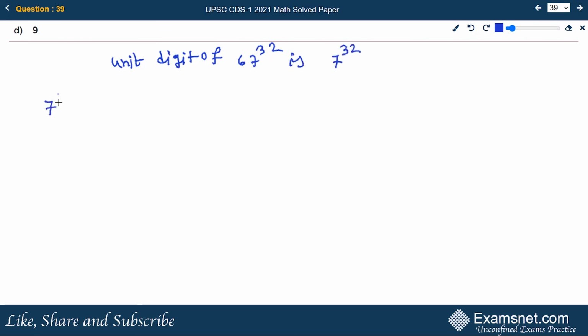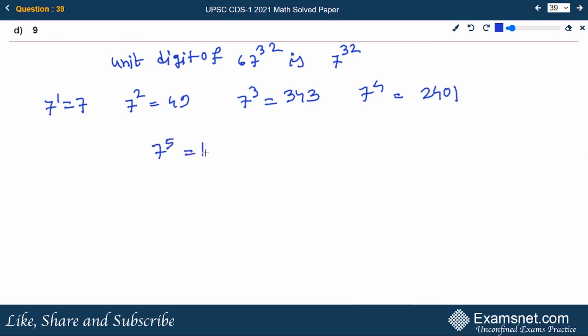So if you know 7 to the power 1 will give us 7, 7 square 49, 7 cube 343, 7 to the power 4 2401, 7 to the power 5 16807. If you look at the unit digits, first 7, 9, 3, 1, again after that 7.